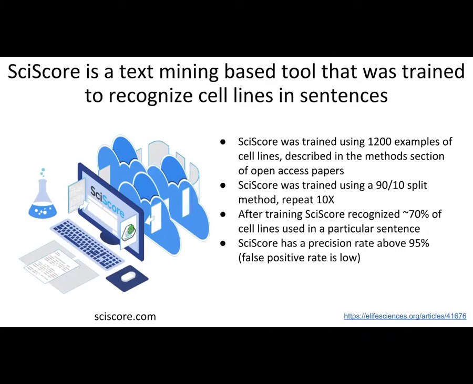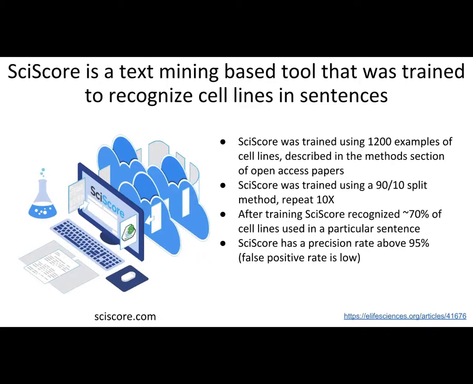So out of those 1,200 examples, you take 90% of those, and you train the algorithm using that system, and then take the last 10%, randomly assigned, of course, of the examples, and then you do your testing on that last 10%. So there were a little over 100 cell line examples which we tested.